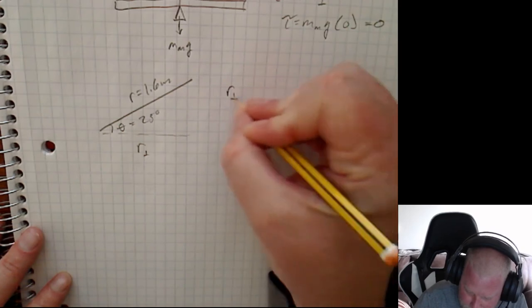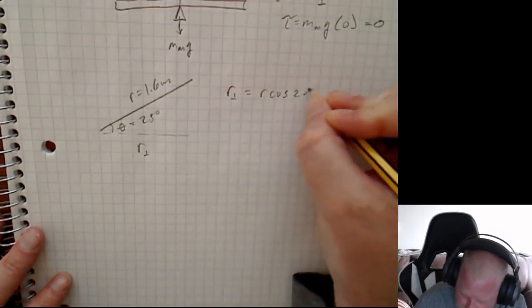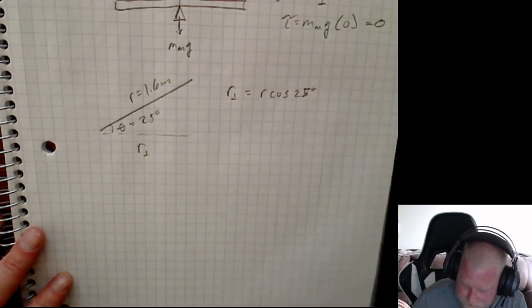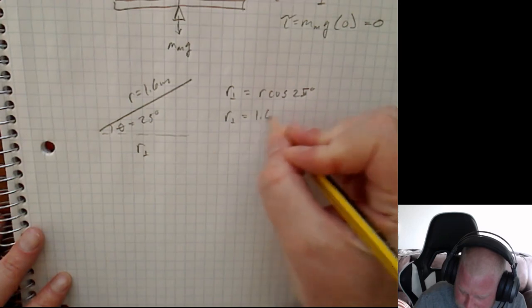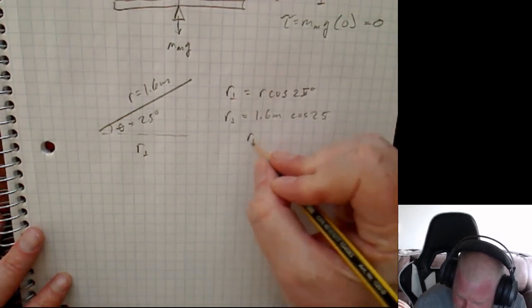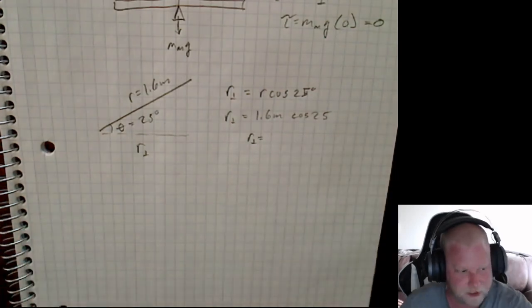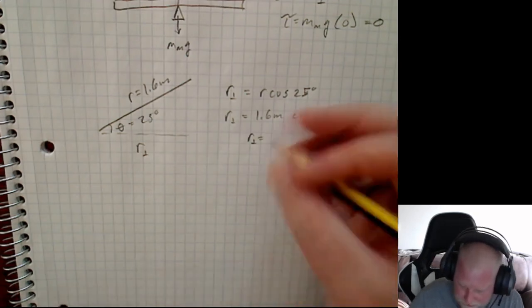So our moment arm is going to be equal to r times the cosine of 25 degrees. So r perpendicular, your moment arm, is 1.6 meters times the cosine of 25. Again, make sure that you are in degrees and not radians. And that comes out to 1.45 meters.